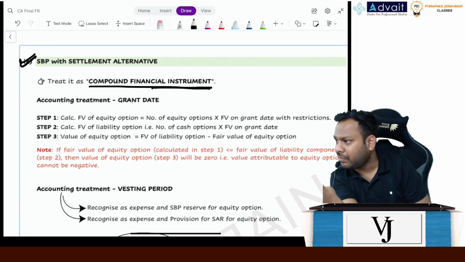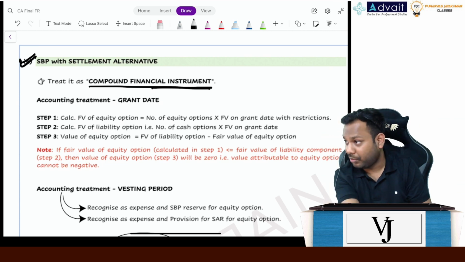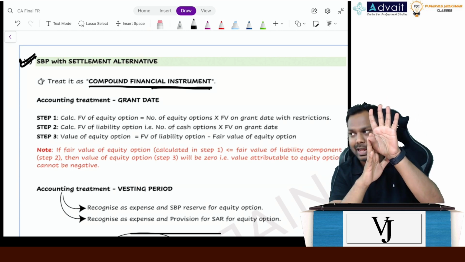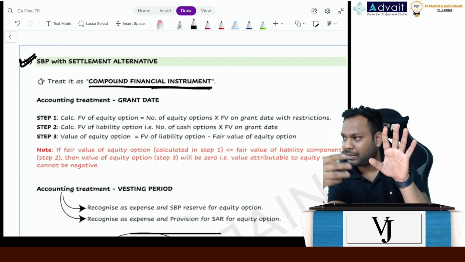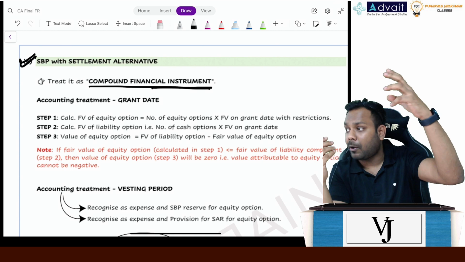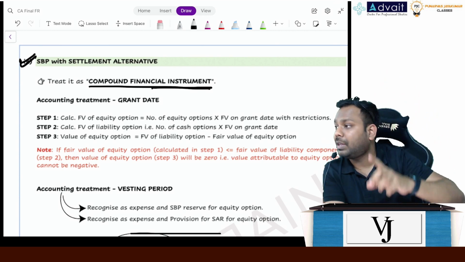Can equity be negative? No, right? Similar thing applies here also. We'll calculate the value of financial liability, in this case that is the SBP liability. If the value of equity option is higher than the value of cash option, the difference will be the equity.